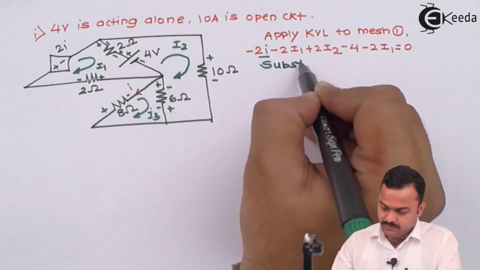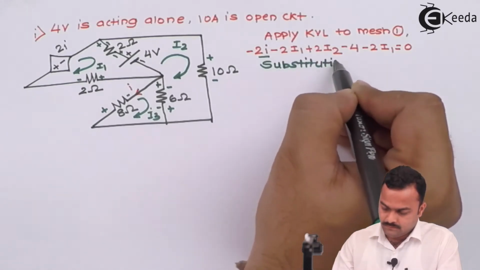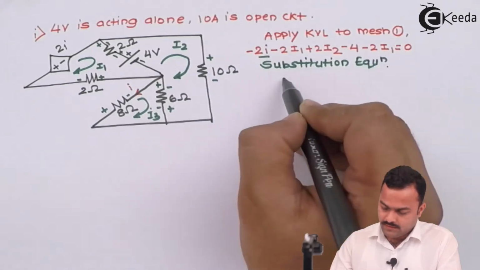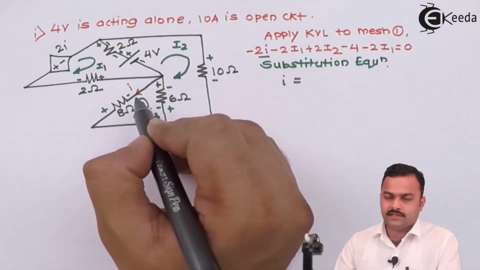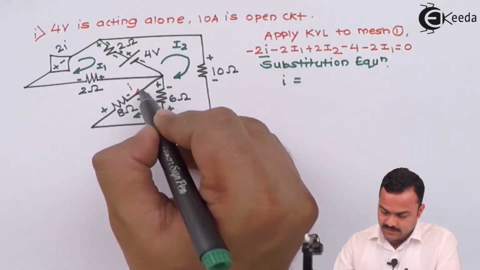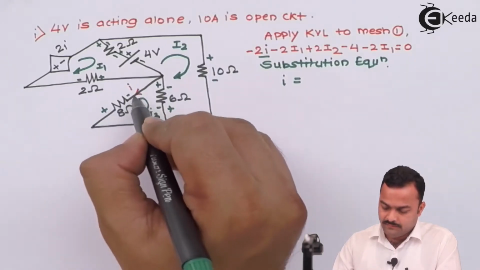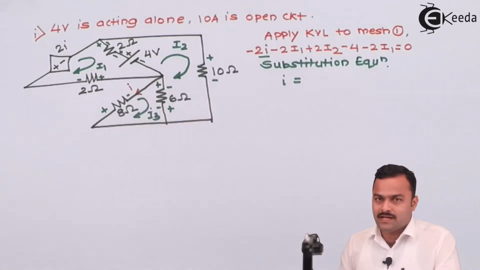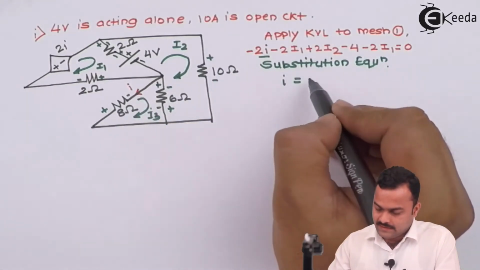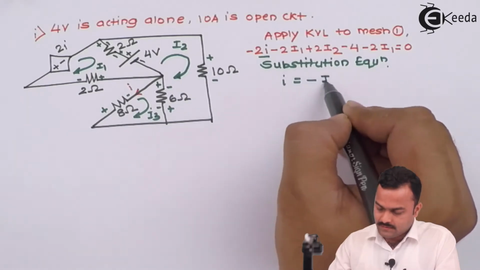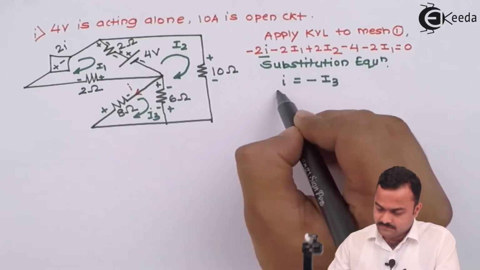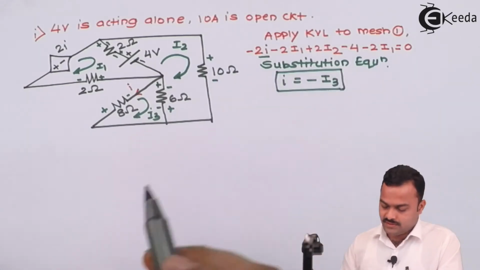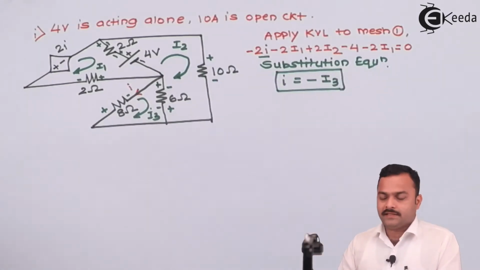For the small I we will find the substitution in the circuit. If you see carefully, I is the current given in this direction for the 8 ohm, while we marked I3 in the other direction, so both current directions are mismatching. So I can say I is minus I3. Wherever there is a small I in our expression, we will replace it with minus I3.